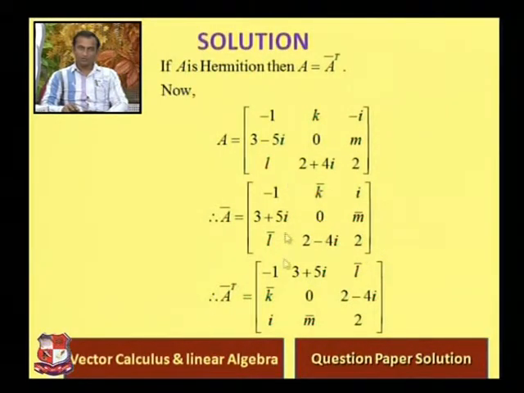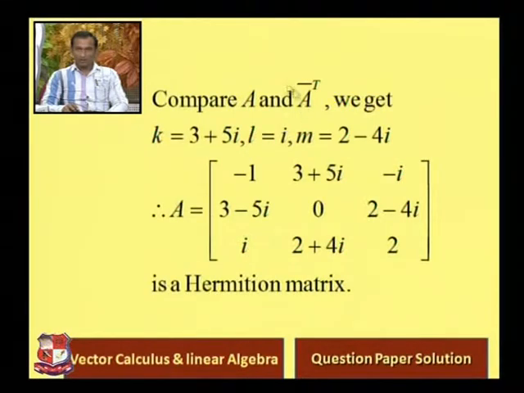Now for the transpose, columns convert to rows and rows convert to columns. So the first row is written in this form, the second in this, and the third similarly. This is the A bar transpose matrix. Now A equals A bar transpose by the definition of a Hermitian matrix, so compare A and A bar transpose.